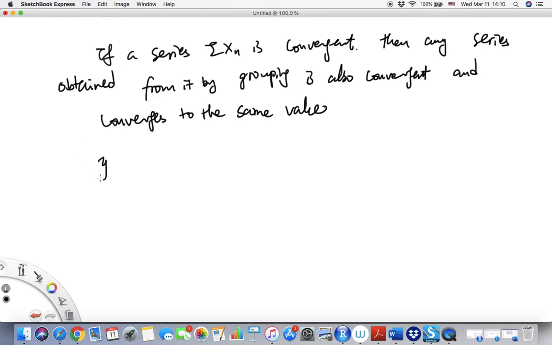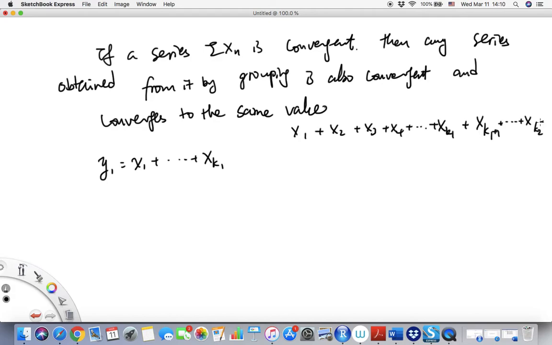So say y1 is equal to x1 plus ... plus x_{k1}. So this is x1, x2, x3, x4, up to x_{k1}, and then next we have x_{k1+1} plus all the way to x_{k2}. Say this is our first term and this is our second term.